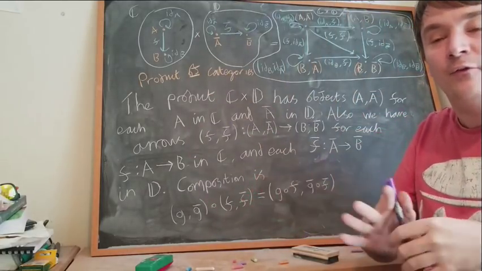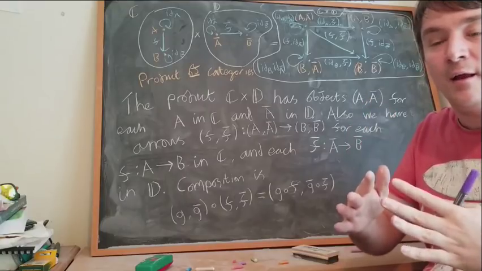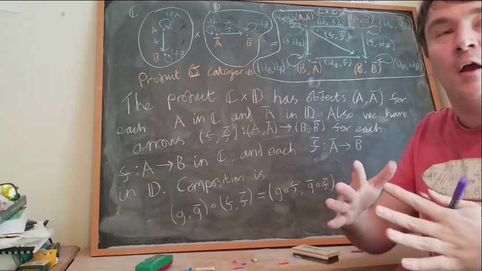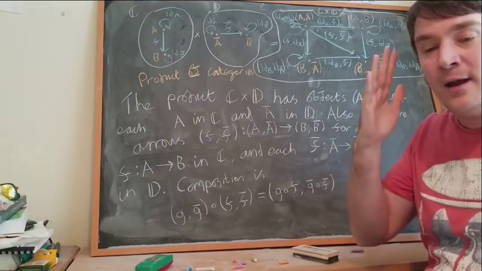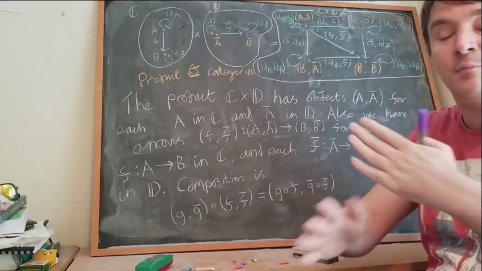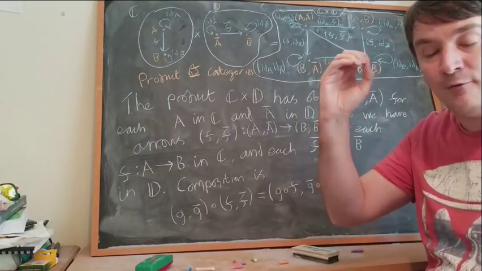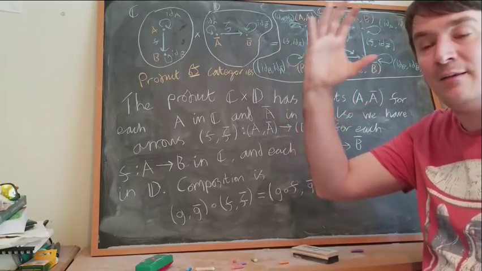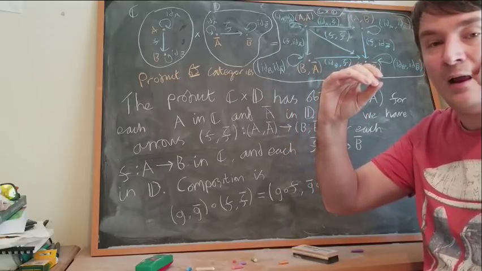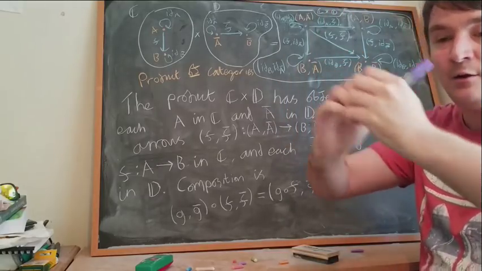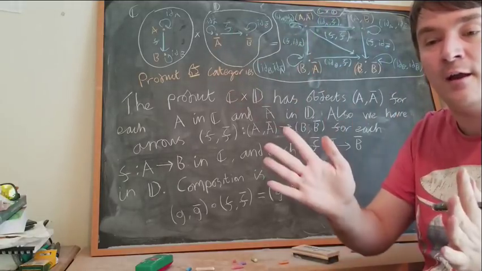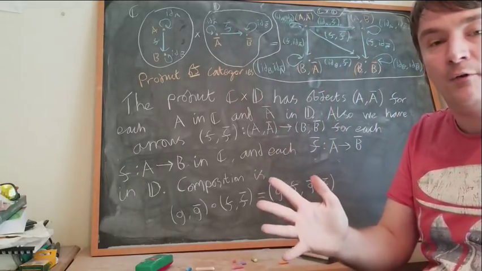Okay, so what does that mean? Basically what that means is we're wondering if there's a natural notion of taking the product of a pair of categories. Is there a way we can get a pair of categories and somehow make a new category that can be considered to be their product?